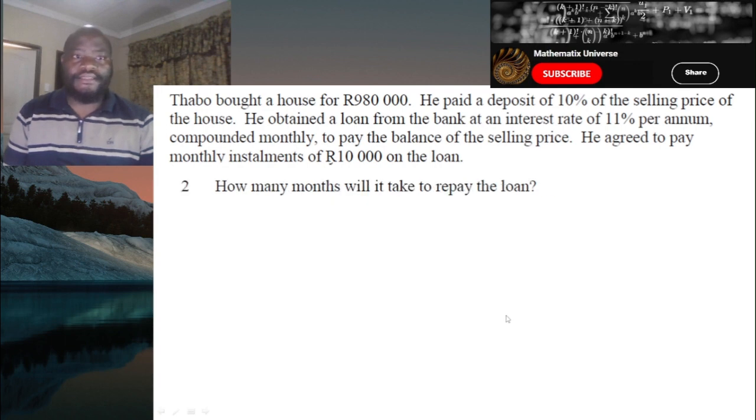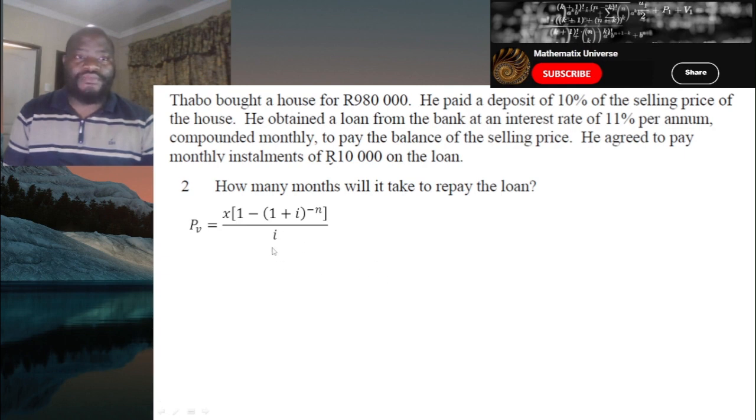Right, then the next question, how many installments will it take to finish off this 882,000 loan when it's charged 11% per annum interest, compounded monthly? Okay, so we'll use the present value formula. The formula says PV equals X multiplied by 1 minus 1 plus i to the negative n, over i.